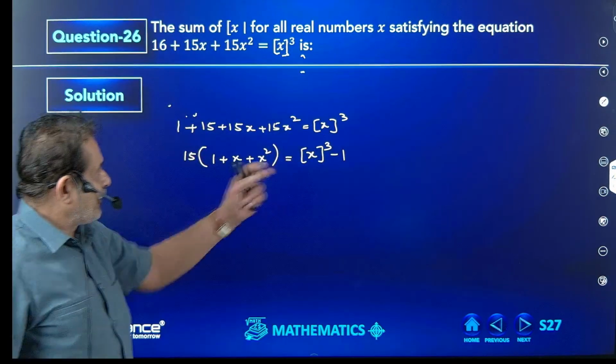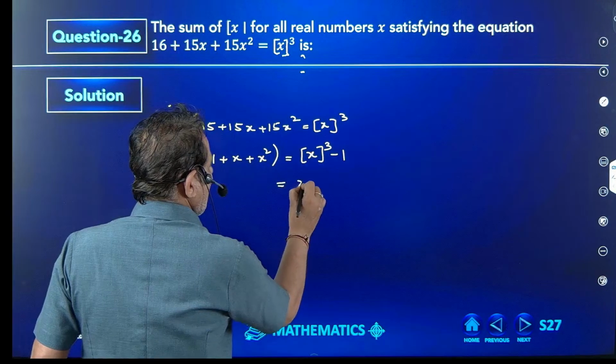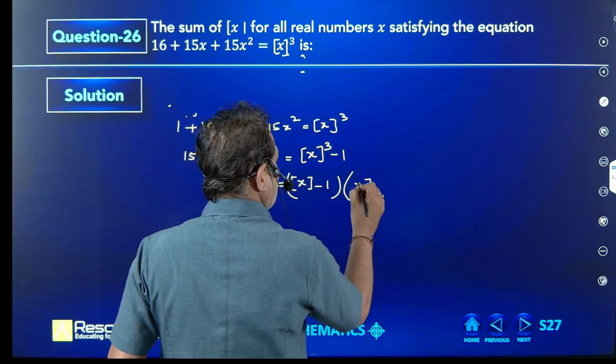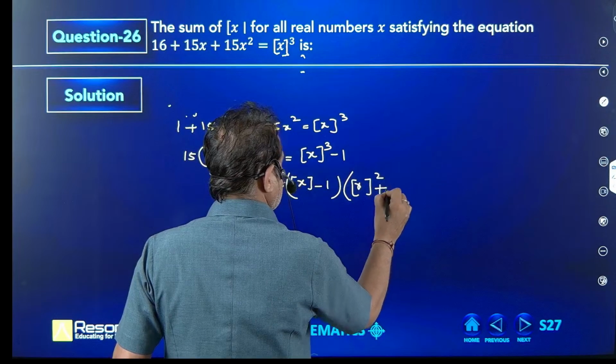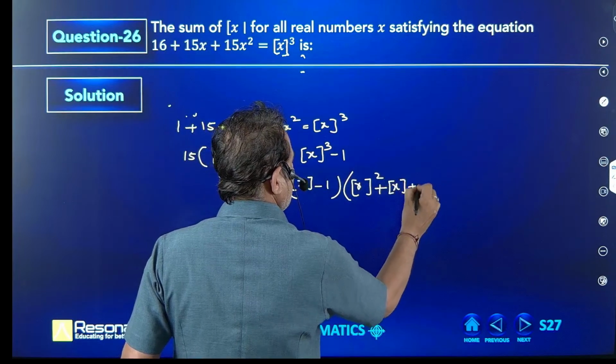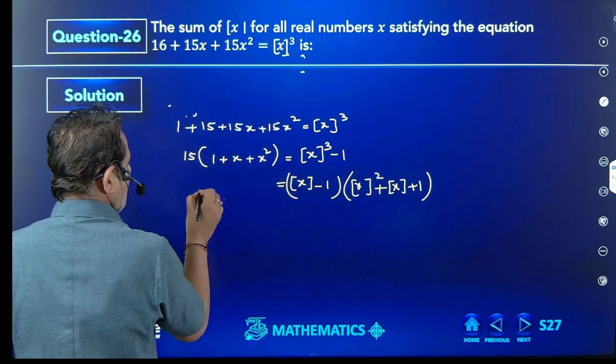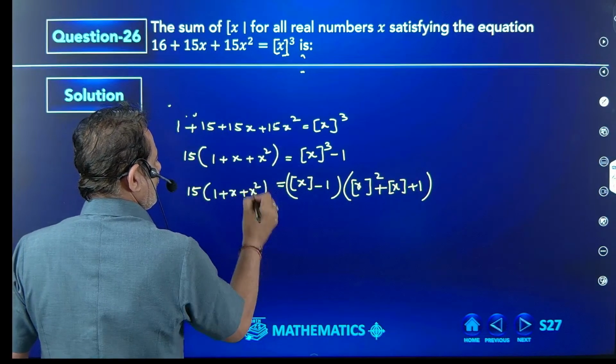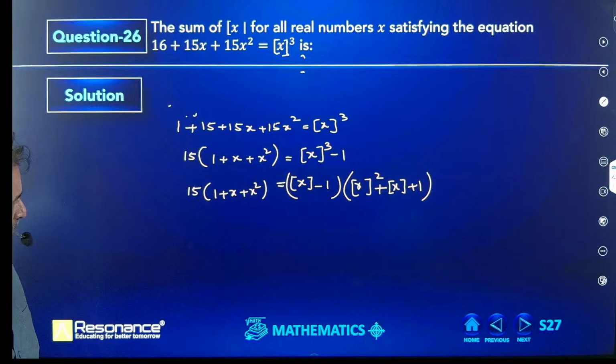So it will be factorized. It is integer x minus 1 into integer x square plus integer x plus 1, and it is equal to 15 into 1 plus x square. So there are two cases. Simple.